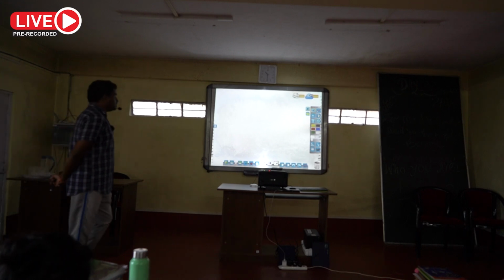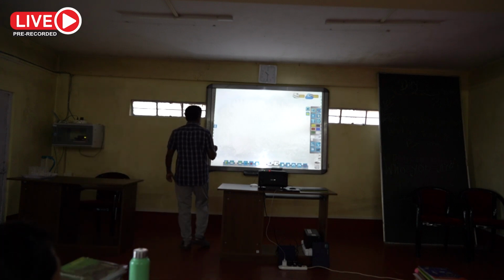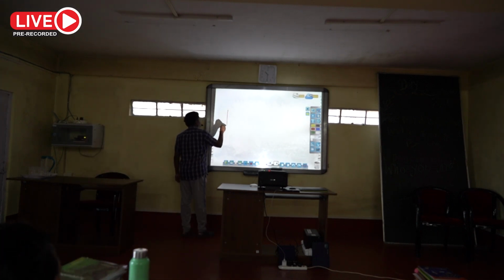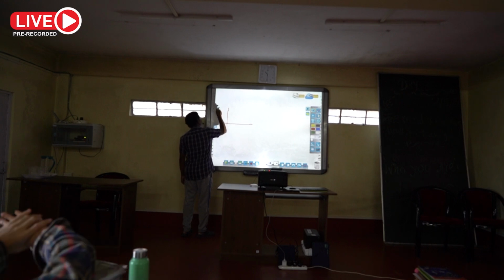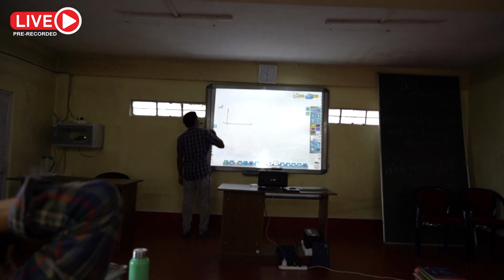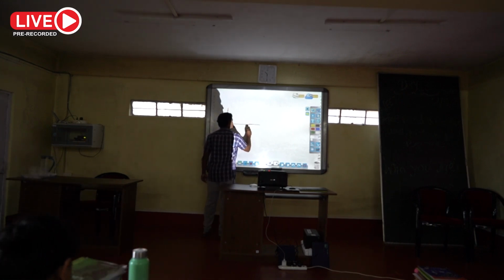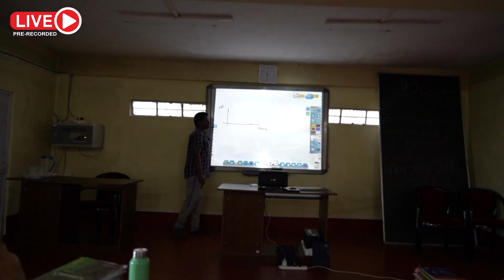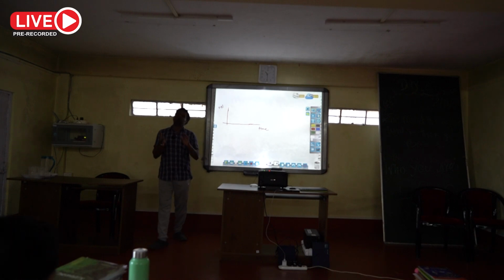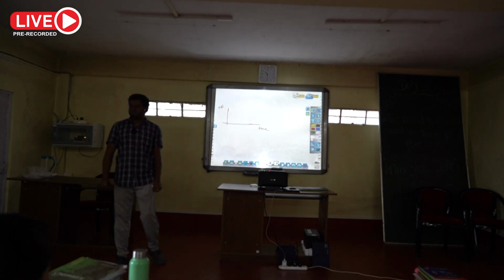Okay, first we have to consider in this way that this is the velocity axis, this is the time axis. Now, first try to represent the motion in the graph.